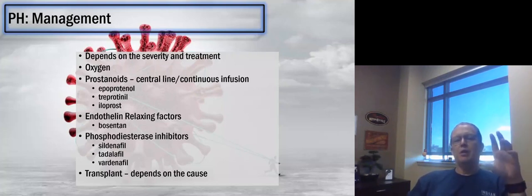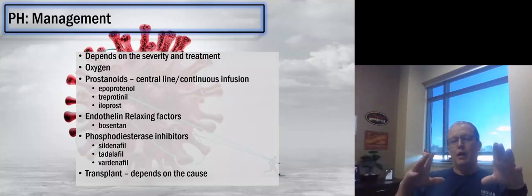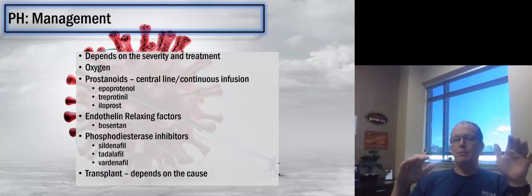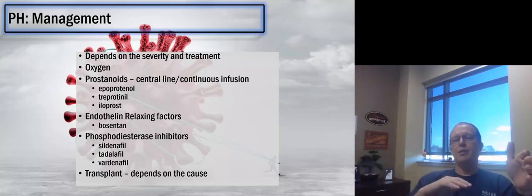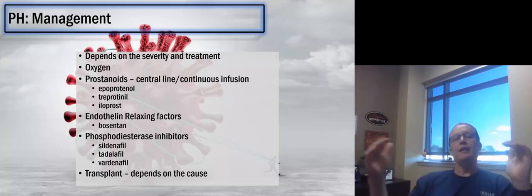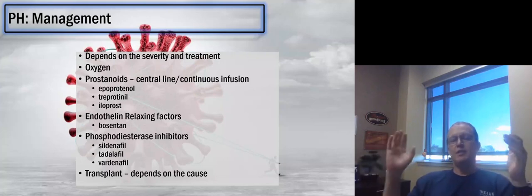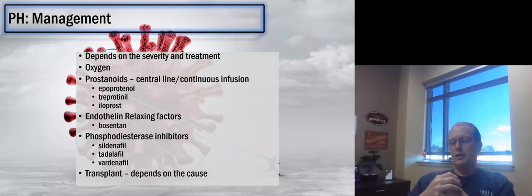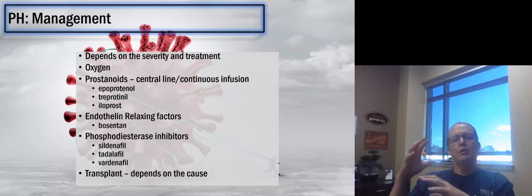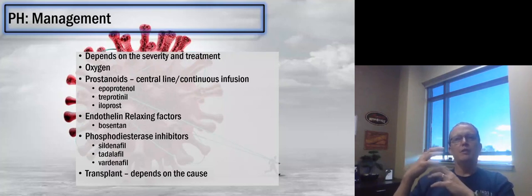At some point, there is titration of these medications to get optimal pulmonary artery pressures without getting hypotension, because that is a potential side effect of these drugs. They can definitely do that. So you can see these drugs are related to the prostaglandin type of enzymes that are secreted in the body.